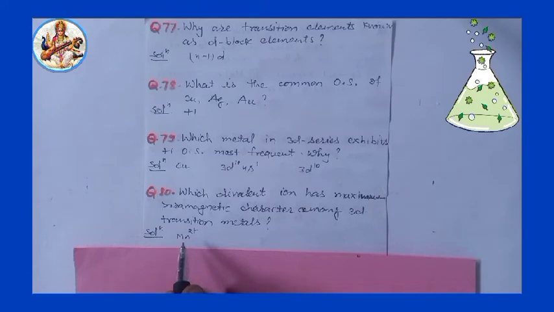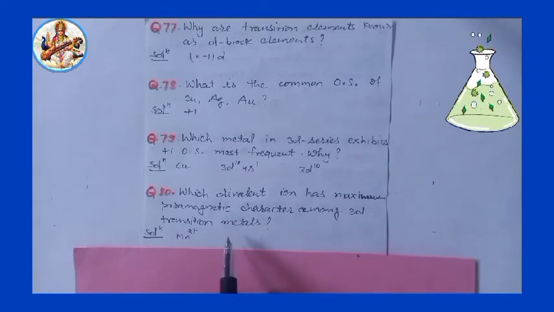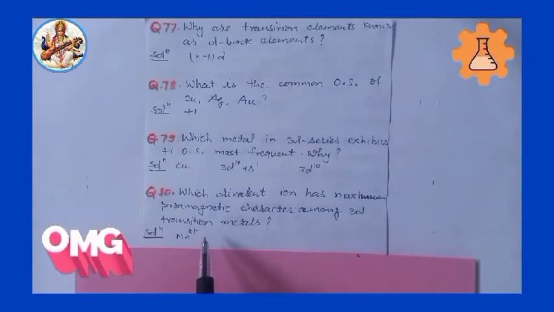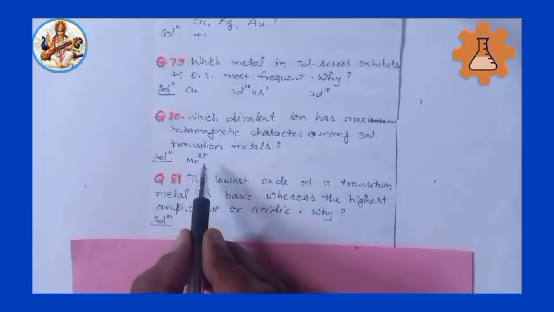The electronic configuration of the manganese 2+ ion is 3d5 4s0. Therefore, it has 5 unpaired electrons. Thus, in the 3d transition metal series, the manganese 2+ ion has maximum paramagnetic character.